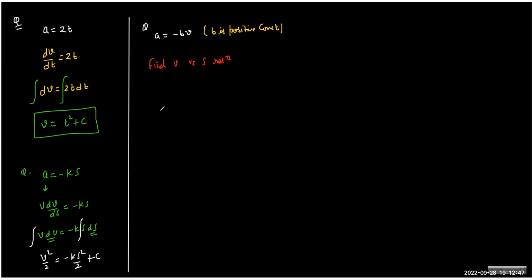Correct. So V dV by ds, but you can see the V gets cancelled. So what we get is dV equals to? So V is minus BS plus C. Is this your answer, Siddhant? Yes, sir. Very good.